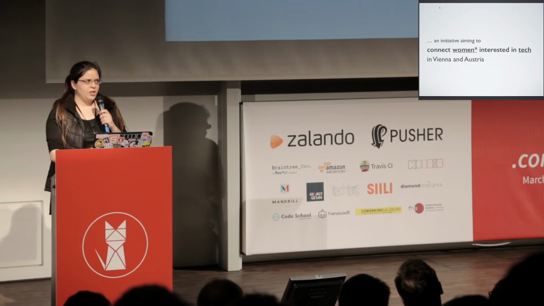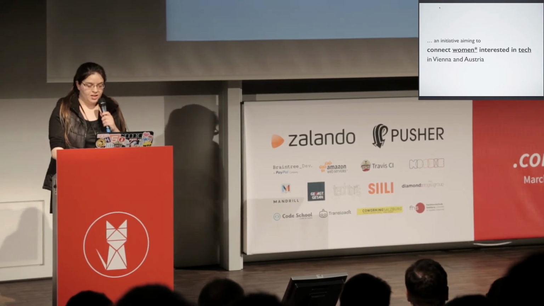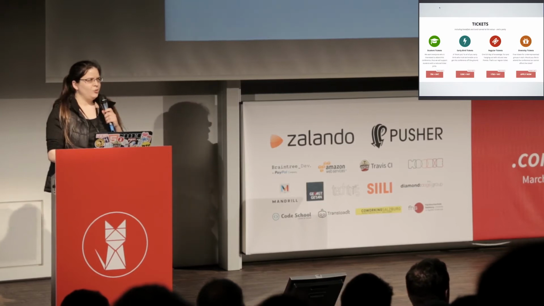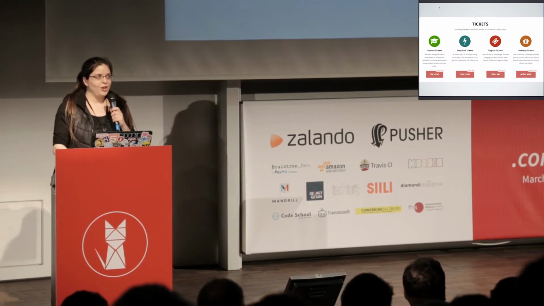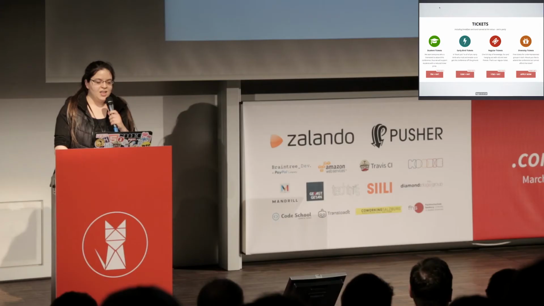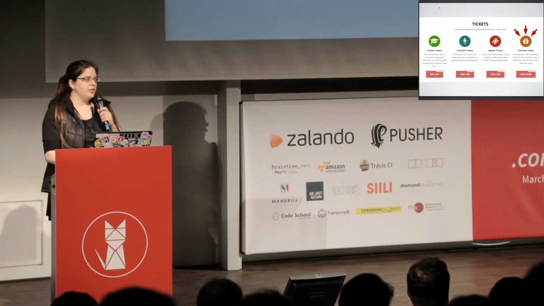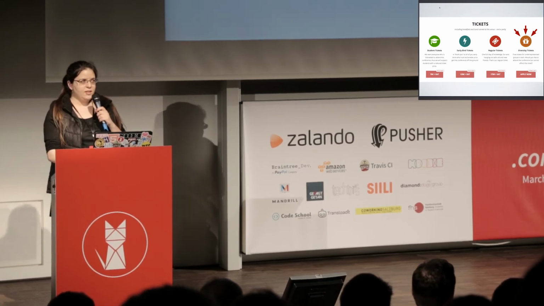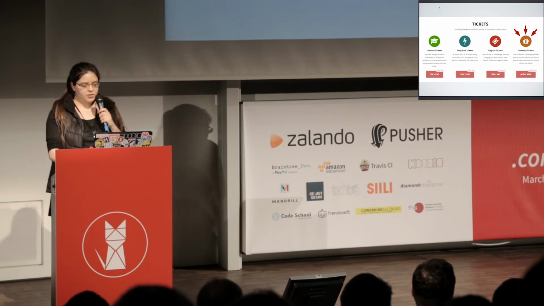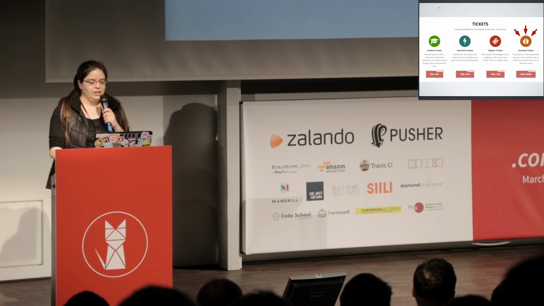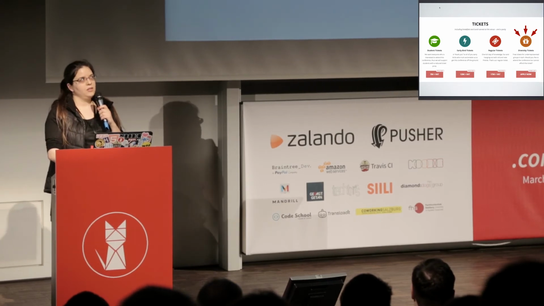So you might wonder what that has to do with the conference. You all have seen this part of the website. You bought a ticket, I presume. This part is the one that we were mostly responsible for. We didn't have anything to do with finding sponsors, but we basically handled all the diversity grants work.